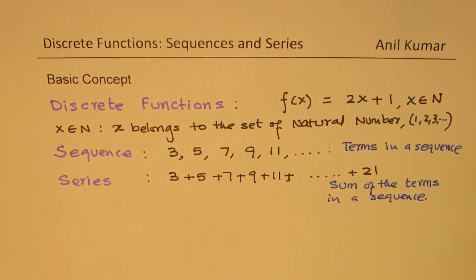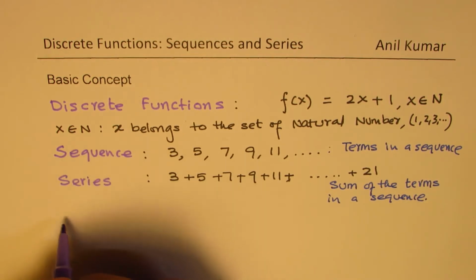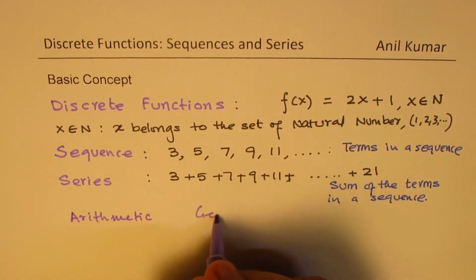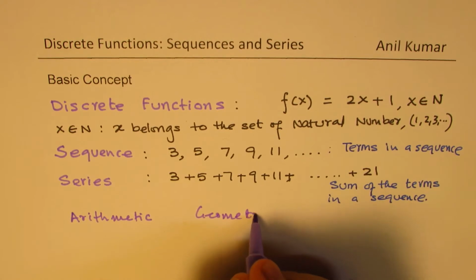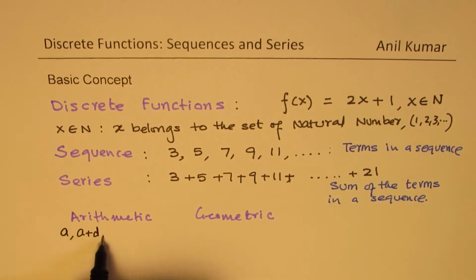Now, when we talk about sequences and series, there are two common types which we'll always look into. One is arithmetic and one is geometric. In general, in an arithmetic sequence, the first element will be A, the second will be A plus D, then we have A plus 2D, and so on.